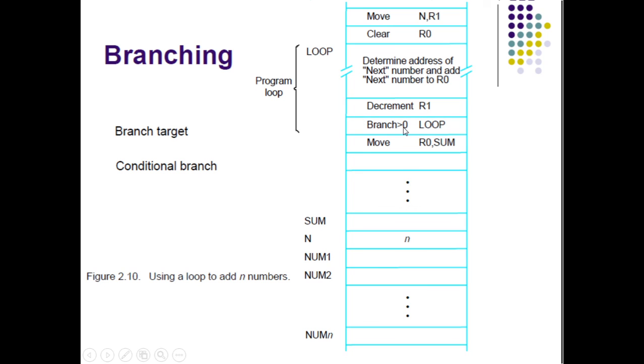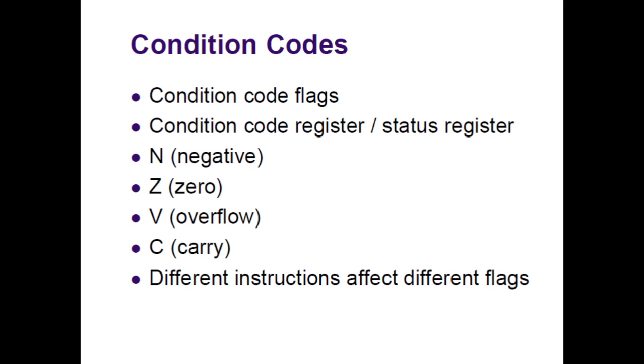Okay, if after executing this branching instruction, the branch greater than 0 condition is a true value, then we want to move to this particular location instead of moving to the sequentially next instruction. So for making certain conditional decisions in this type of instruction execution, we need to use this type of status flag information. Okay.